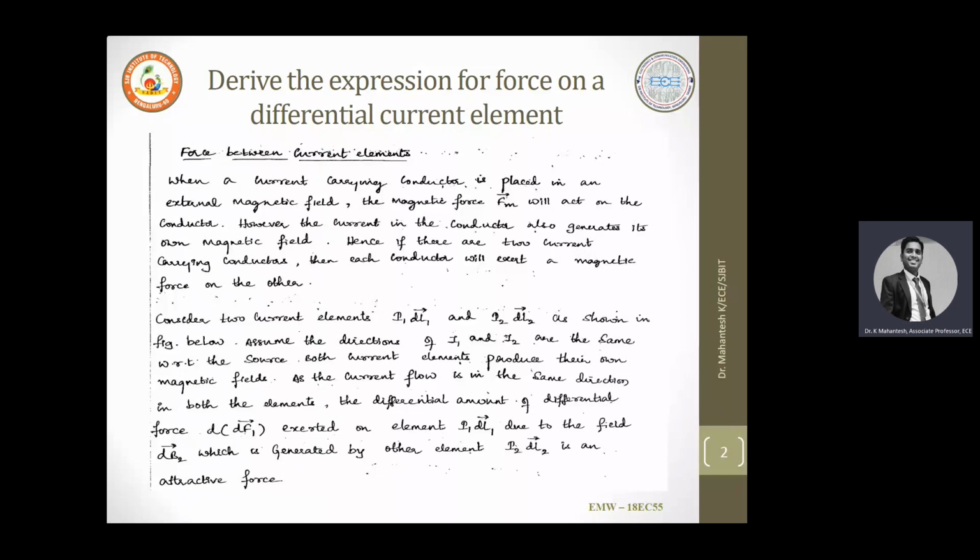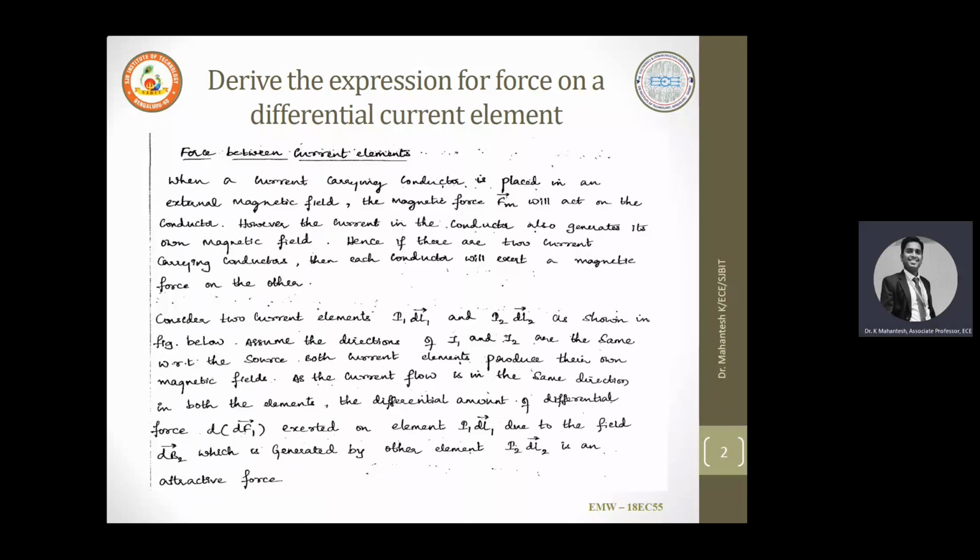However, the conductor carrying current also generates its own magnetic field. Hence, if there are two current carrying conductors, then each conductor will exert a magnetic force on the other.